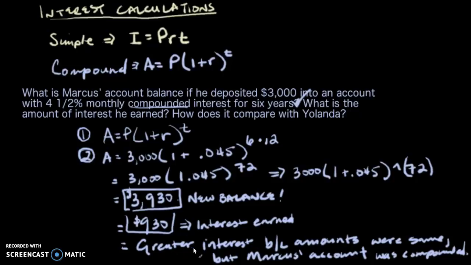So we would say that it was greater, and not all compounding will be greater, just because there are situations where you will earn less money through compounding, maybe because it's a shorter term or a smaller balance. But since the principal and the rate and the terms were the same, this T could also stand for term, not just time. Because all that was the same, and the only difference was that Marco had his compounded, that's why his is greater. So hopefully that'll help you get through the rest of your savings packet.